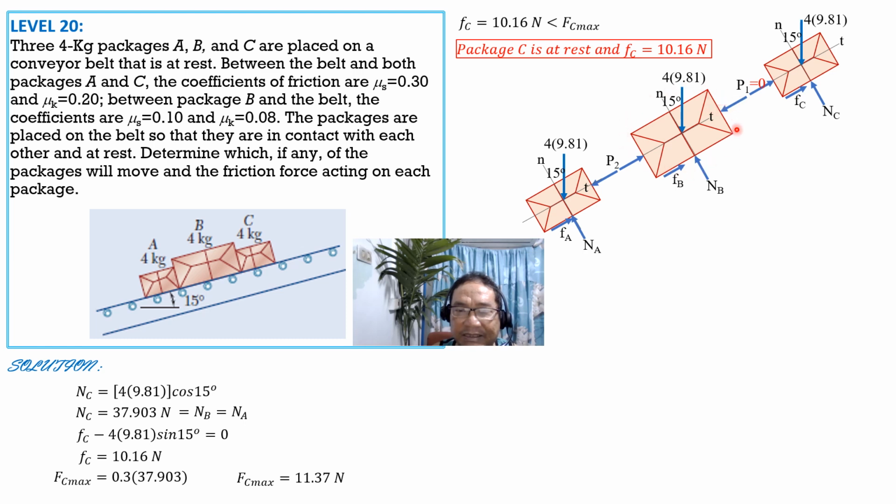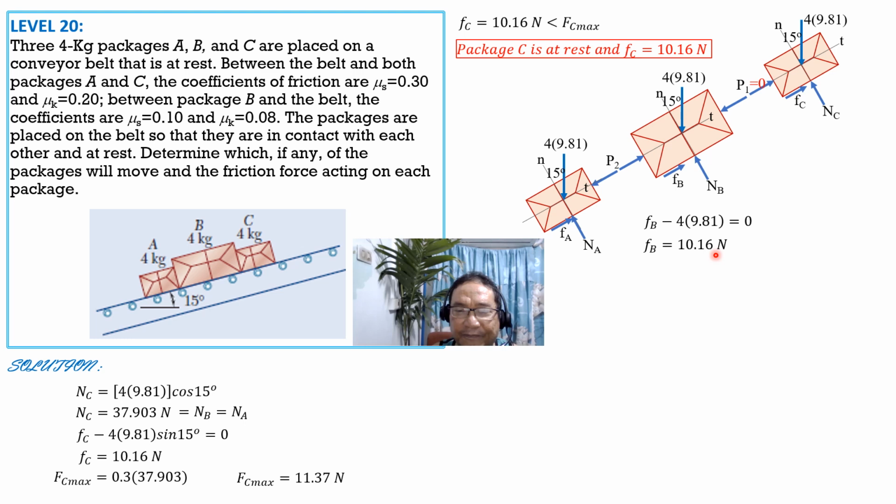Then we next investigate package B. So for package B, F sub B minus 4 times 9.81 sine of 15 degrees equals 0. Again, we don't treat P2 yet. So FB is equal to 10.16 newtons, for package B to remain at rest.